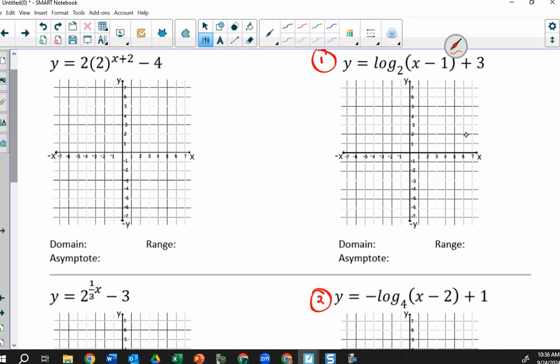Because you can't go anywhere negative. Your x values are going to get closer to this. But what if you get 1 to infinity? Okay, so we shifted here. As you get closer and closer to 1, like 1.000001, that's going to be a negative number.